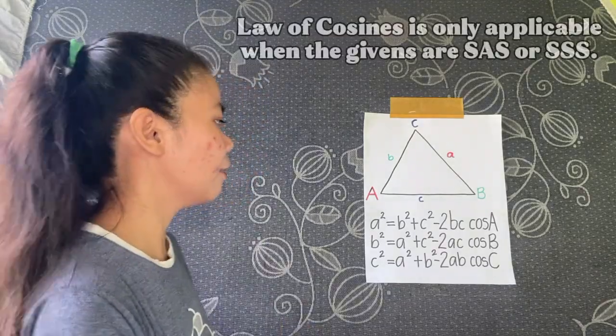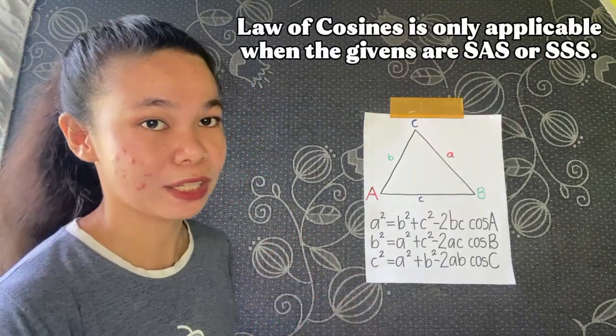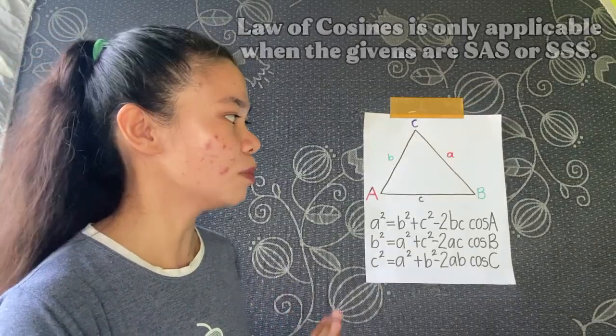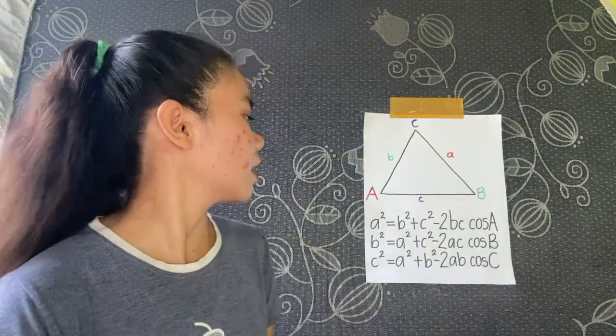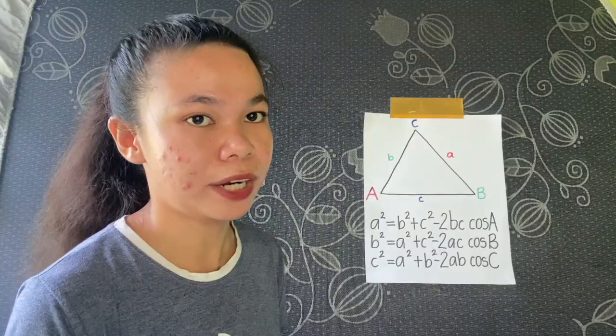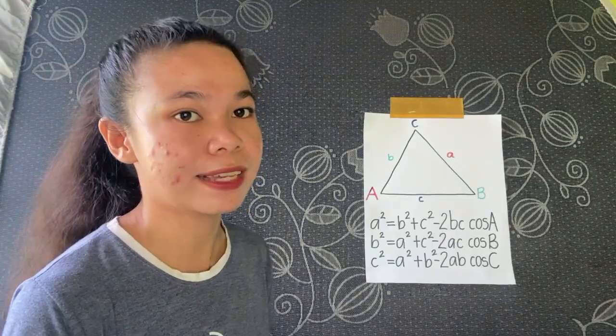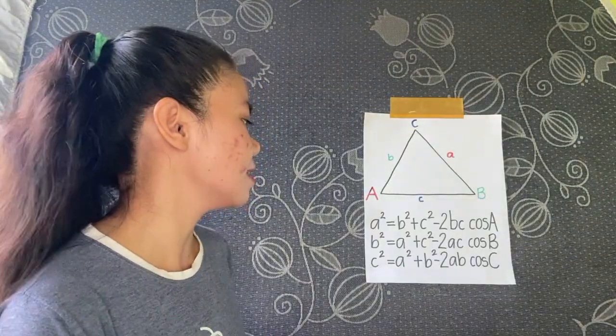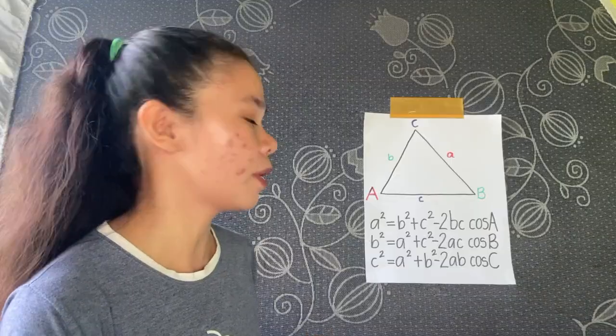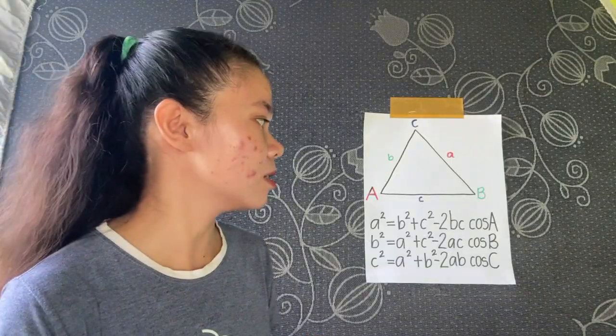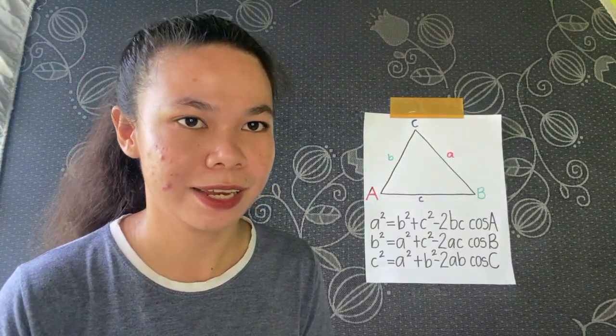We have a squared is equal to b squared plus c squared minus 2bc cosine A. b squared is equal to a squared plus c squared minus 2ac cosine B. And c squared is equal to a squared plus b squared minus 2ab cosine C.